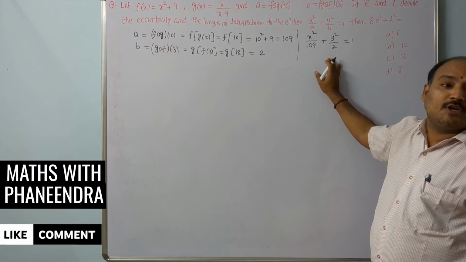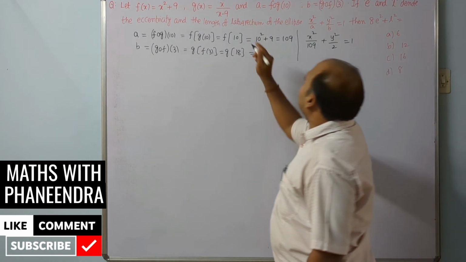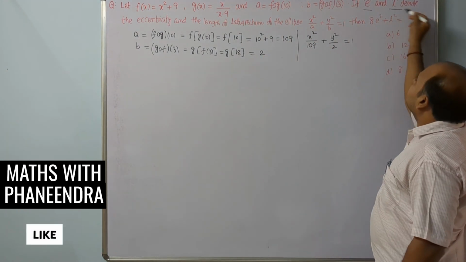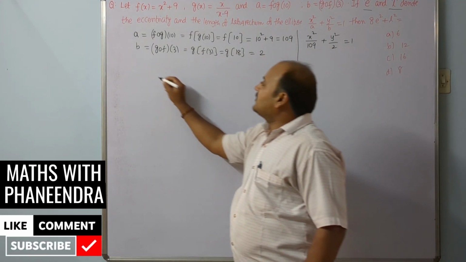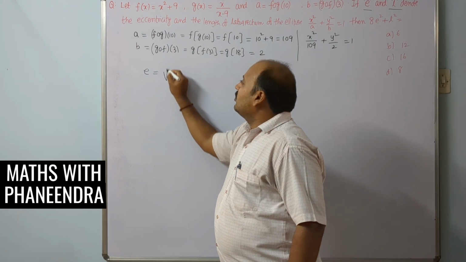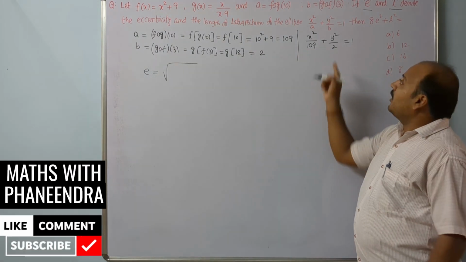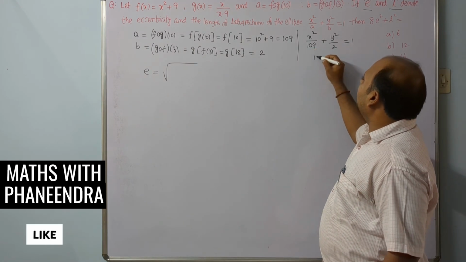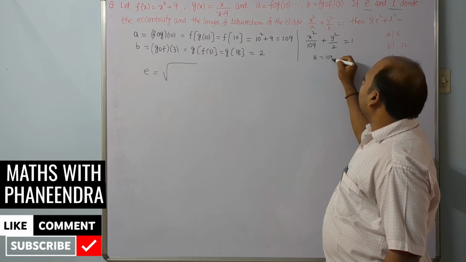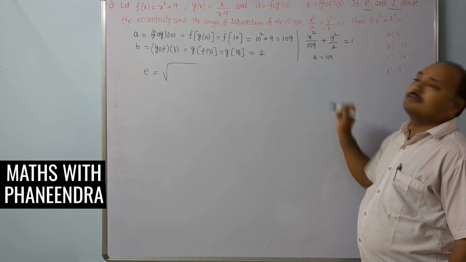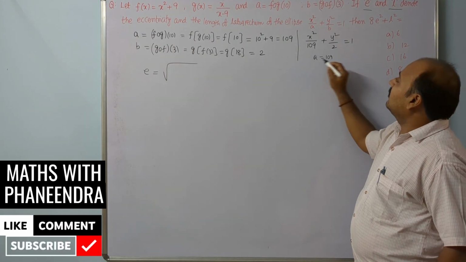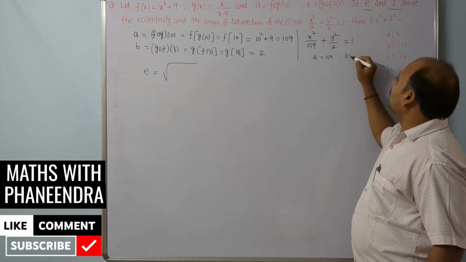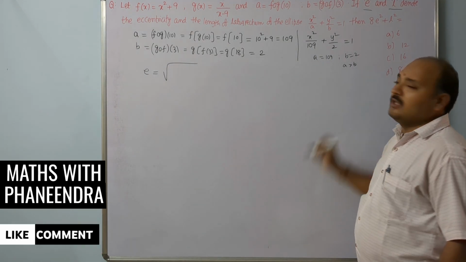For this equation, you need to calculate the eccentricity e and the latus rectum L. So eccentricity e equals root over (a minus b) by a. Clearly a is equal to 109 here and b is equal to 2, so a is greater than b.